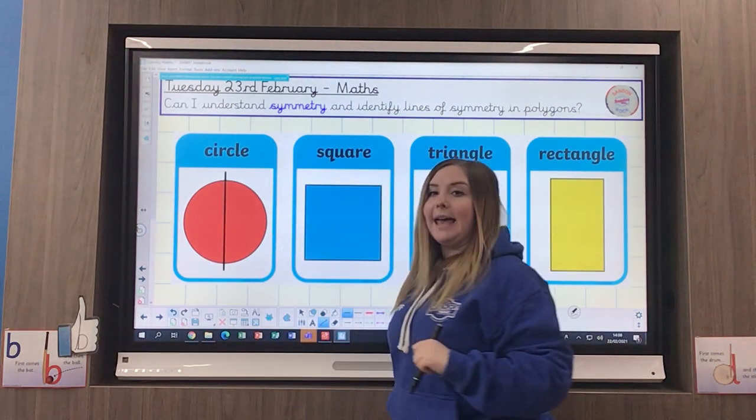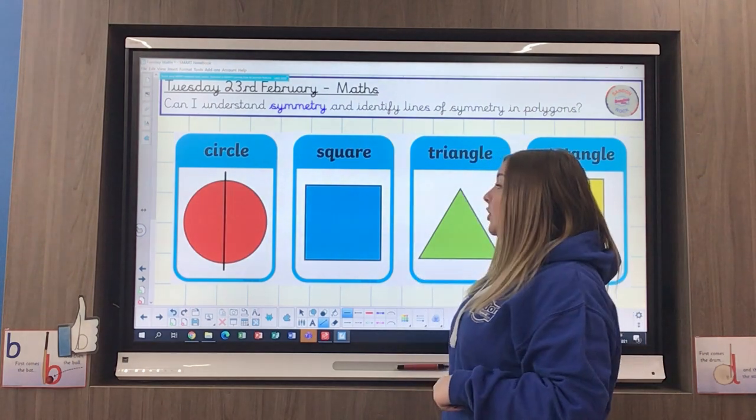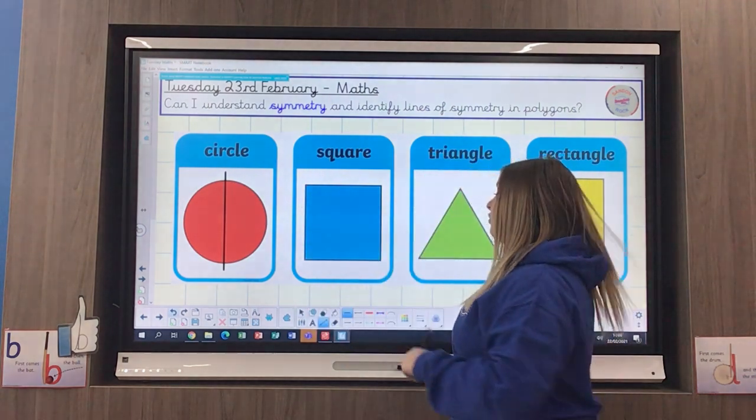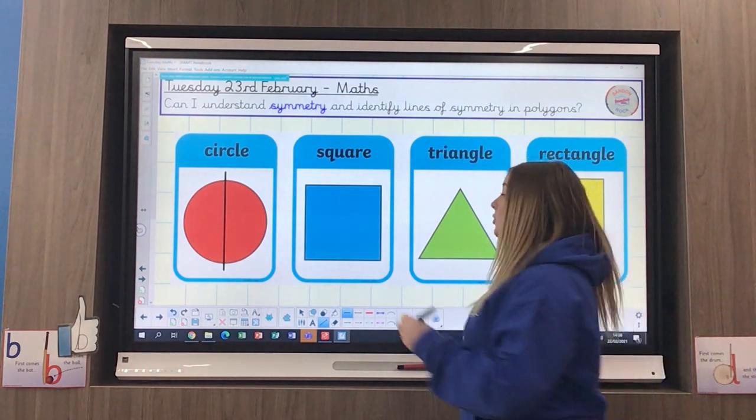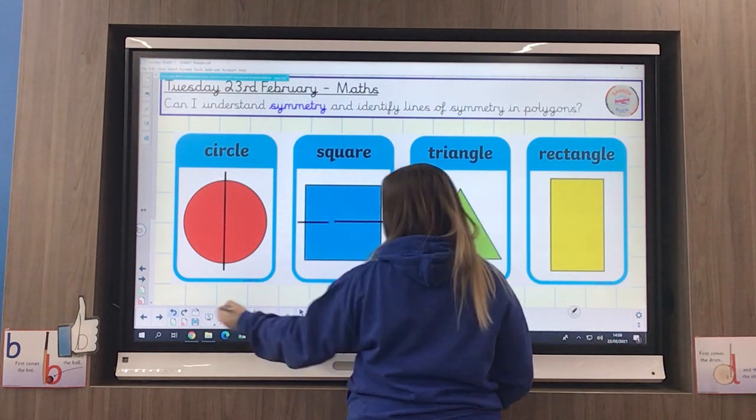So I've drawn that line right down the middle. Okay? But they don't have to just go down. We could go across. On a square, I can also have a line of symmetry that goes across my shape.